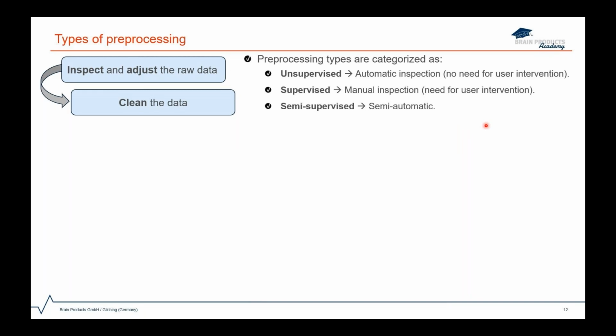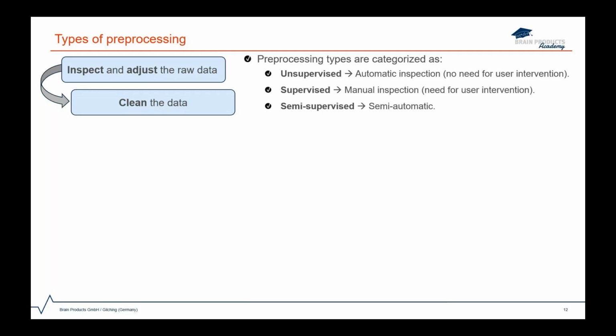The supervised version is a manual inspection done by the user. The semi-supervised is an intermediate between the two, where first the computer executes the processing, then the outputs are verified by the user, either to modify them, accept them or reject them.